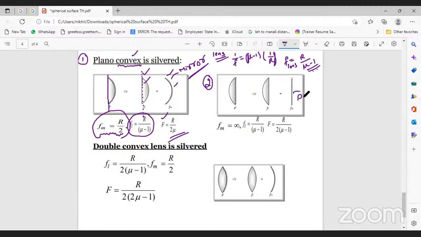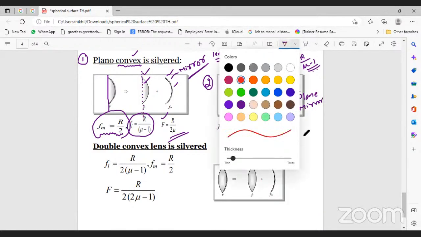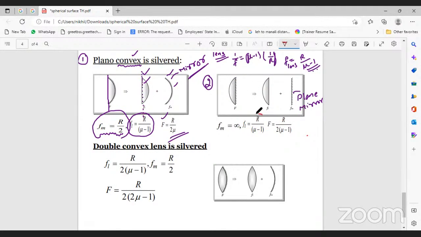So this will be a plane mirror now. This is a normal plano-convex lens, right? Can you tell me the focal length of the plano-convex lens? It will be R divided by mu minus 1 only, the same method.